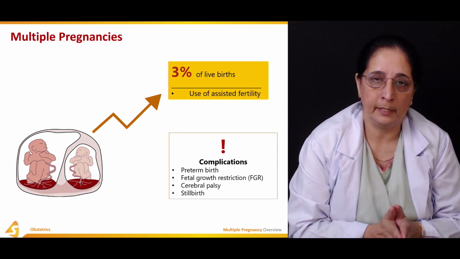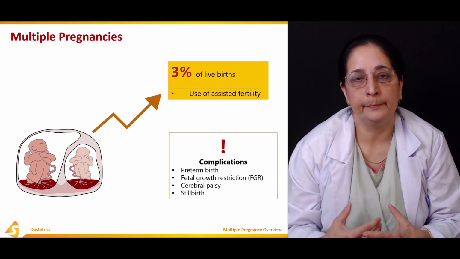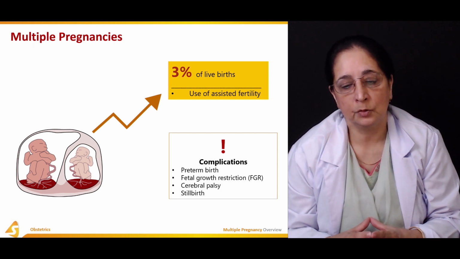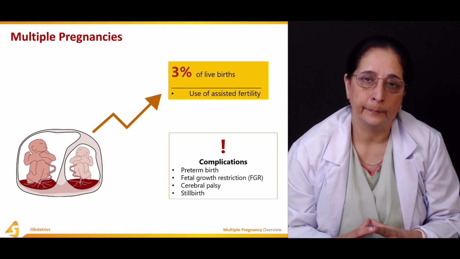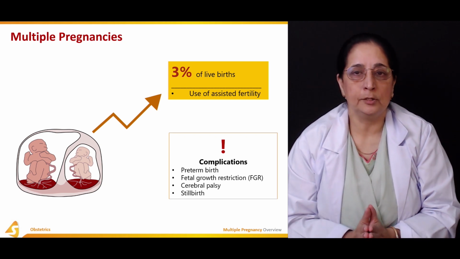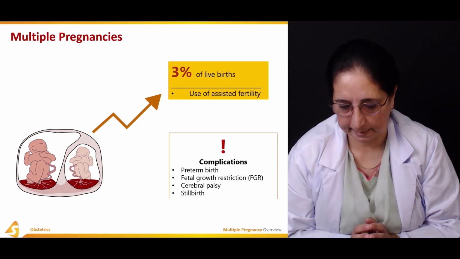One of the fetuses cannot grow properly, gets less nutrition, becomes smaller, and this can lead to fetal death. So that's the stillbirth. All these complications are common in multiple pregnancies.